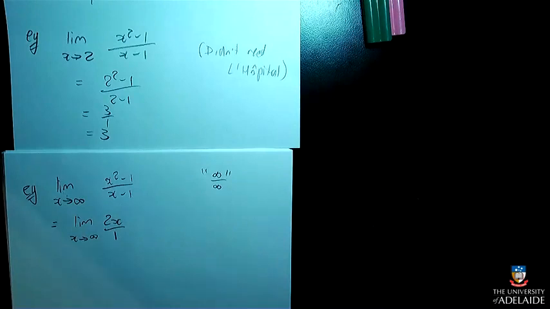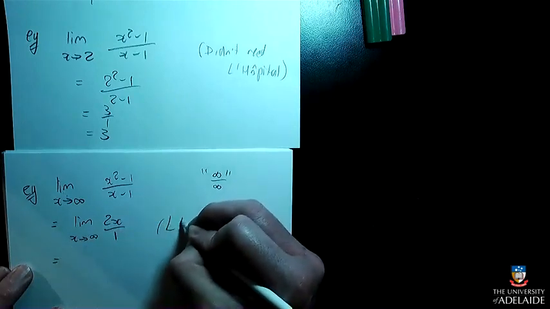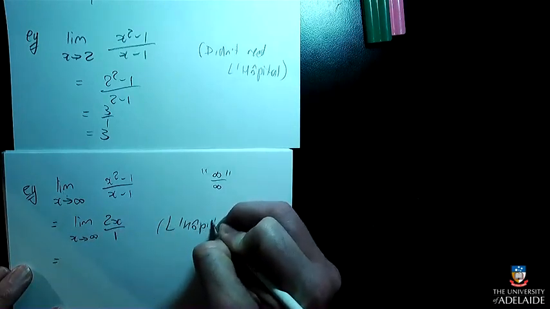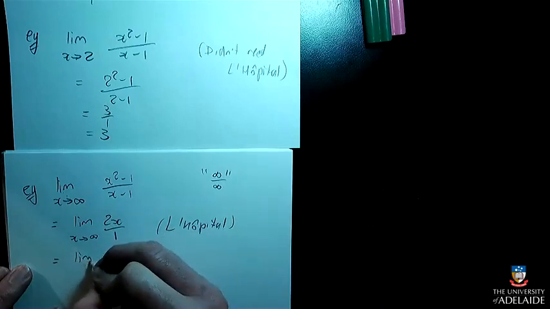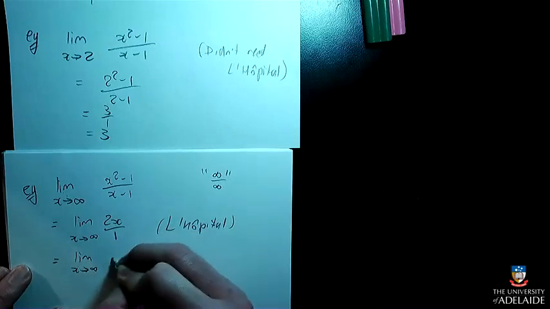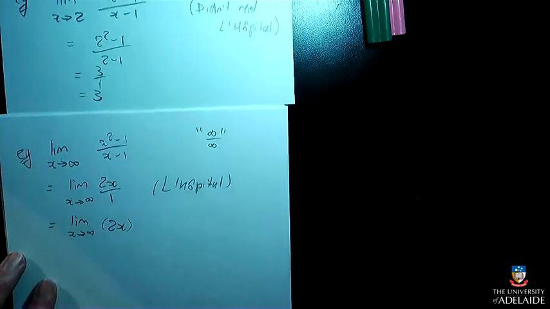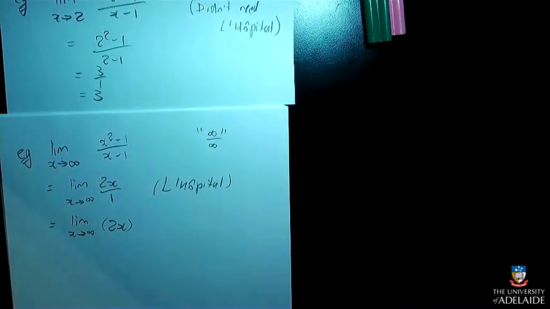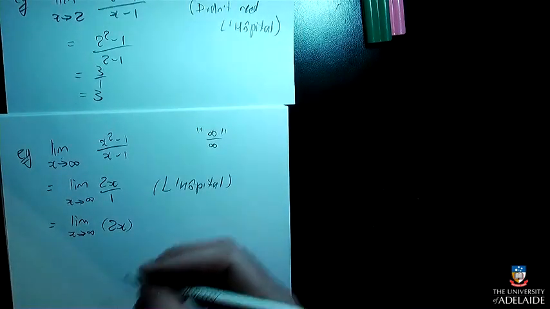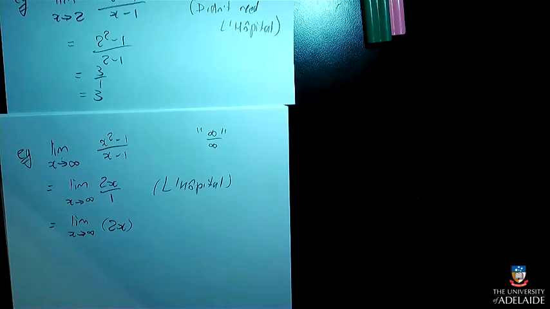And now when I look at this, well, as x goes to infinity, 2x goes to infinity, so this limit doesn't exist. I don't know, does your lecturer allow you to write equals infinity for limits or not? Not sure? Just state that it doesn't exist.